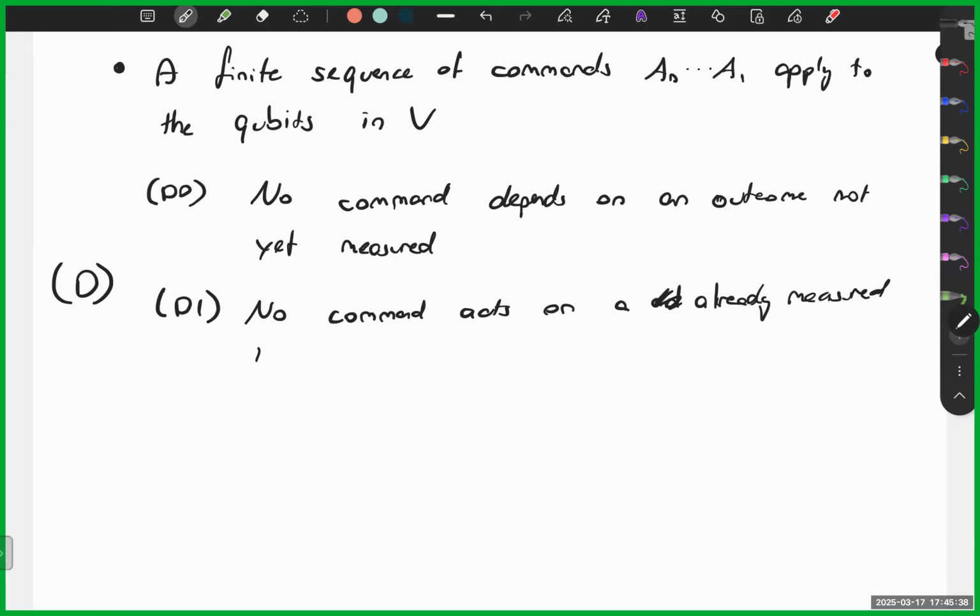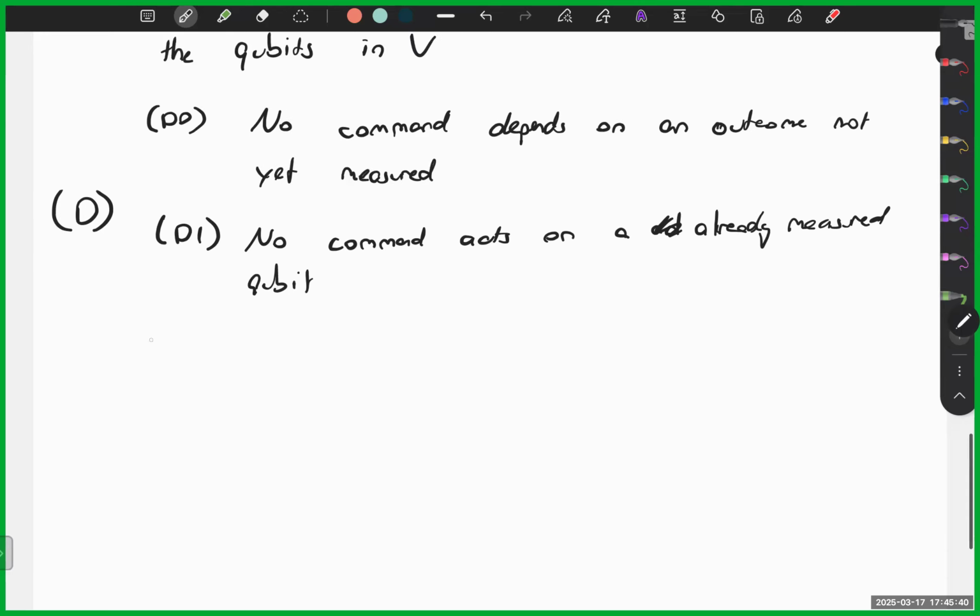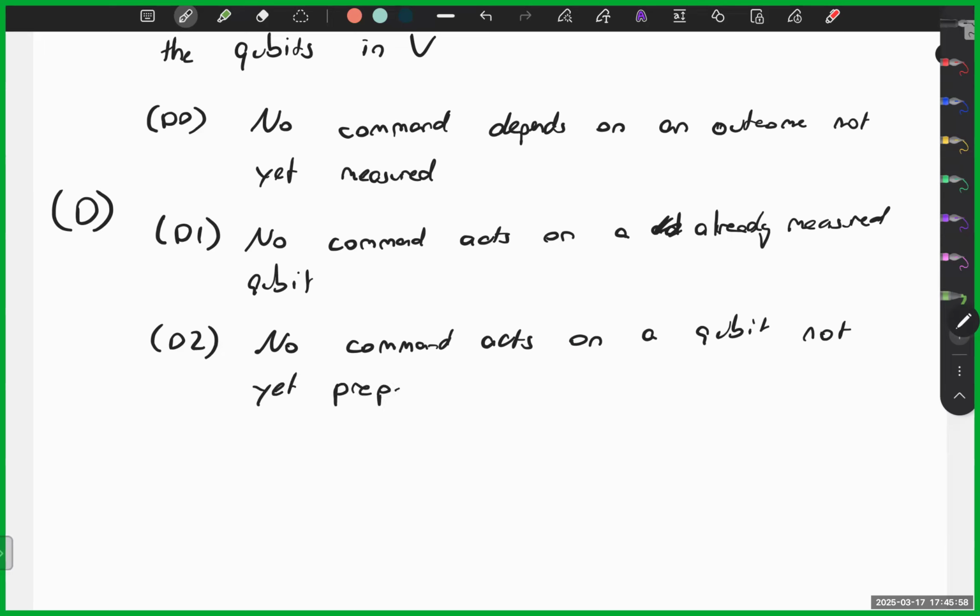And the third one is no command acts on a qubit not yet prepared, unless it is an input qubit.